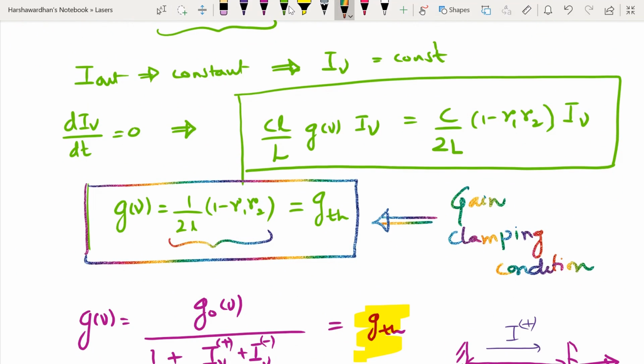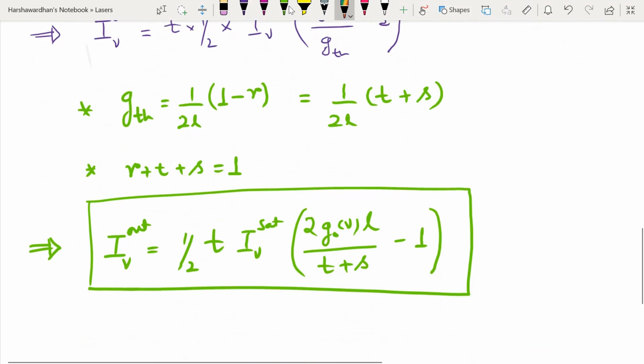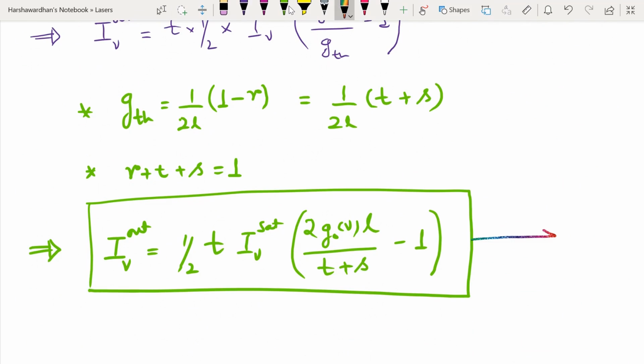So let me call the gain clamping condition as equation number 2, and this equation as equation number 3, right?